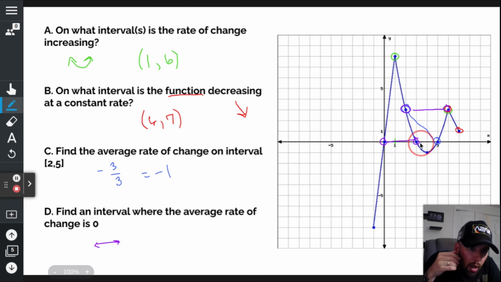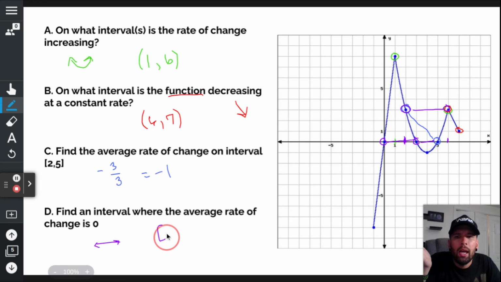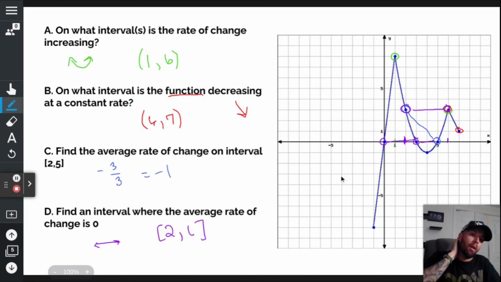So I have a bunch of different options. The option that I'm going to choose is from this point to this point, between 2 and 6. Between 2 and 6, I have an average rate of change of 0 because it's flat. Okay?